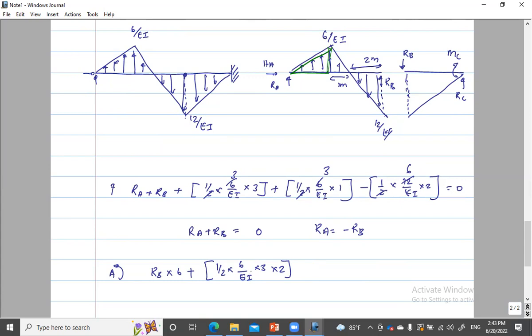Half 6 over EI into 3 is the area, the distance 2, plus half 6 over EI into the base 1, so that's the area, and the distance is 3 plus 1/3. So 3 is to the edge of that point, and then in that 1 meter, the distance to the centroid is 1/3 of that 1 meter. So 3 plus 1/3 is 10 over 3.